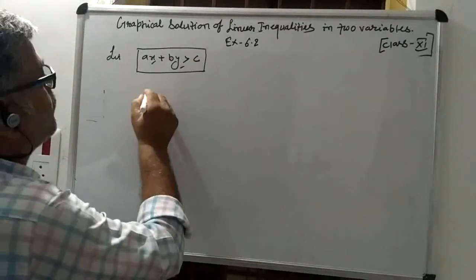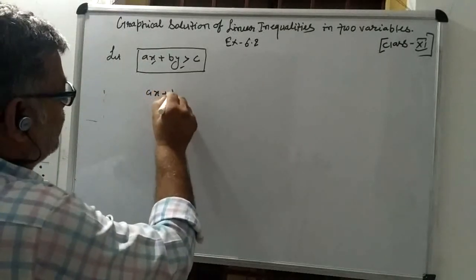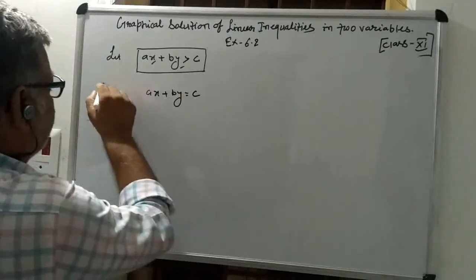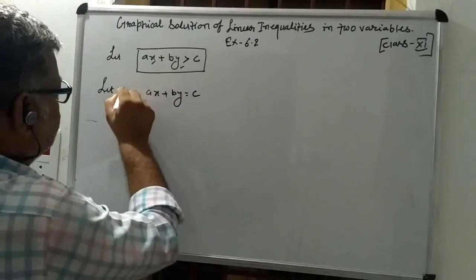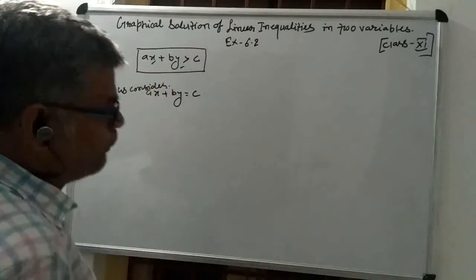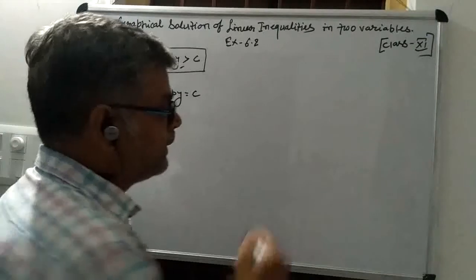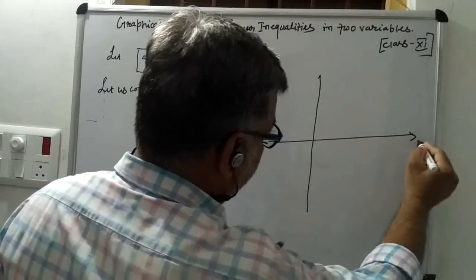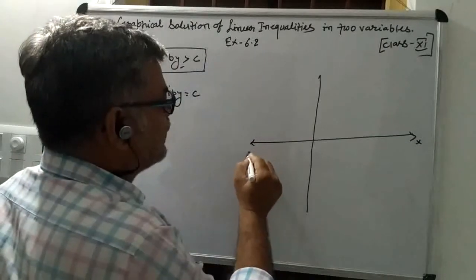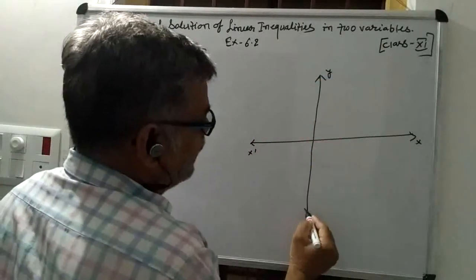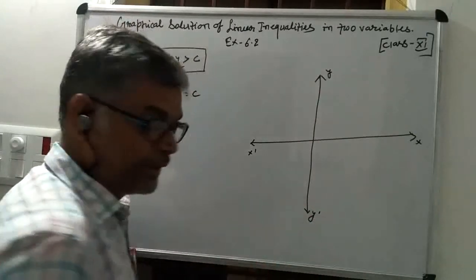So first you draw the graph simply by taking this equation. Let us consider this inequality in a Cartesian plane. Suppose this is your Cartesian plane, which has the x-axis, x dash axis, this is the y-axis, and this is the y dash axis.